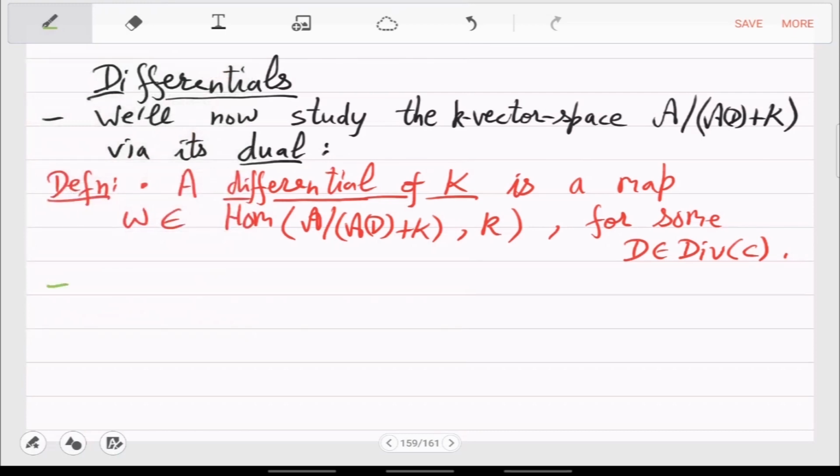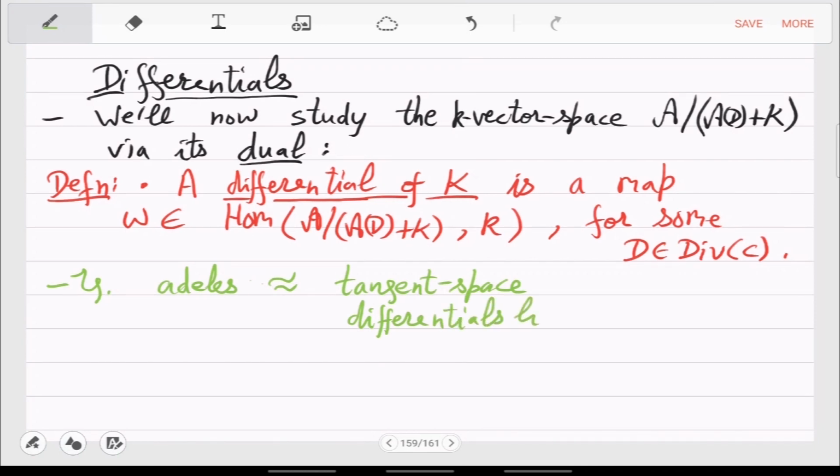So is this adel actually the algebraic analog of tangent spaces? No. So adel is kind of roughly like a tangent space. Then in that vocabulary or in that dictionary, here you have the differentials, like dx and dy.